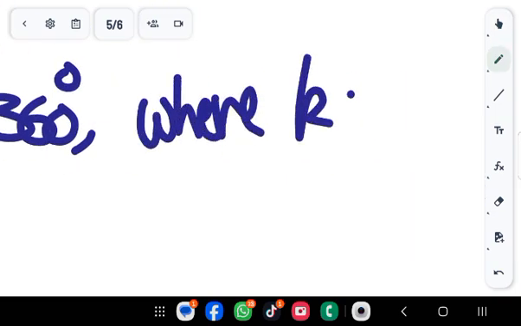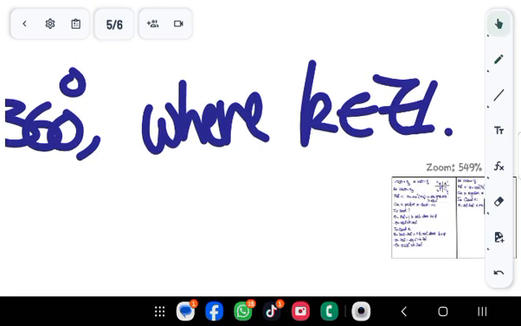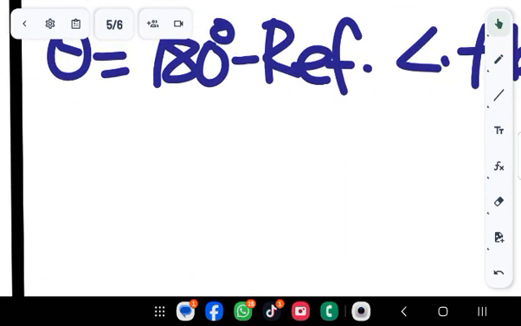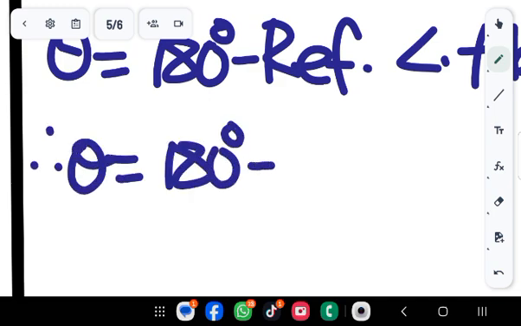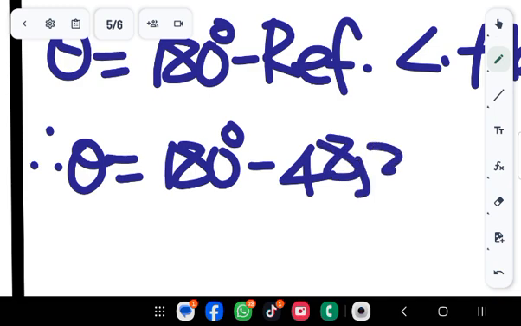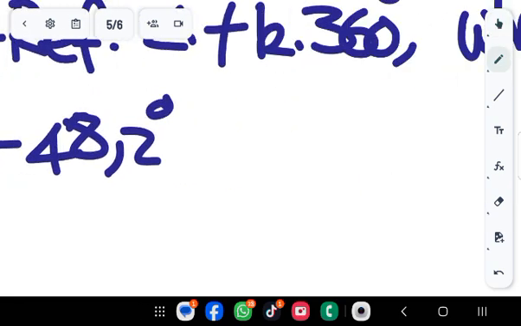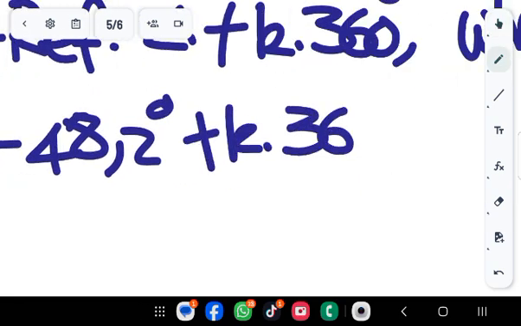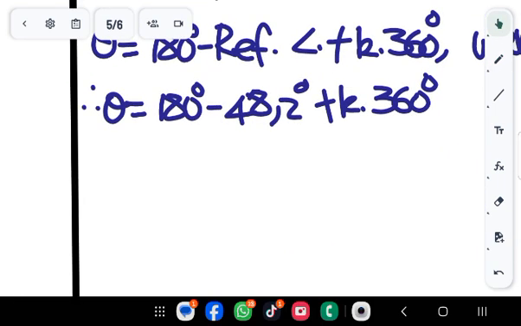We're dealing with the general solution, which then gives us, therefore, theta equals 180 degrees minus 48.2 degrees plus k times 360 degrees. So 180 minus 48.2.